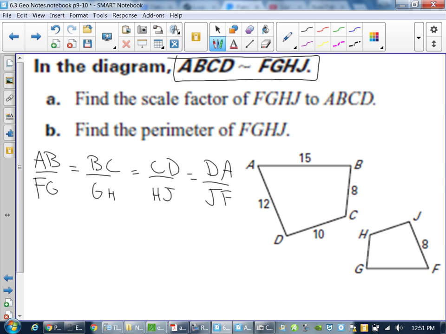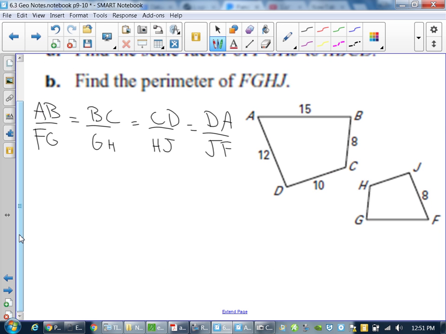So if I start filling in the blanks, since I don't know what these sides are here, I'm just going to call them X, Y, and Z. Come on, guys. And just go through the object. 15, 8, 10, 12. X, Y, Z, 8.